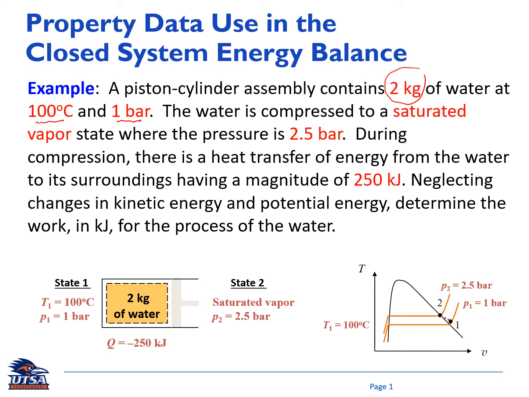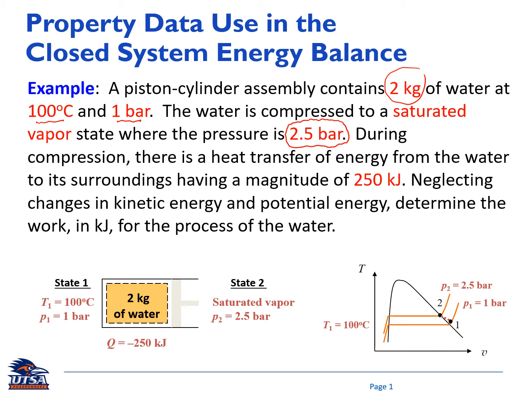The water is compressed to a saturated vapor state. So saturated vapor state means somewhere on the line on the right side of the dome, where the pressure is 2.5 bar. So this is the saturated pressure.